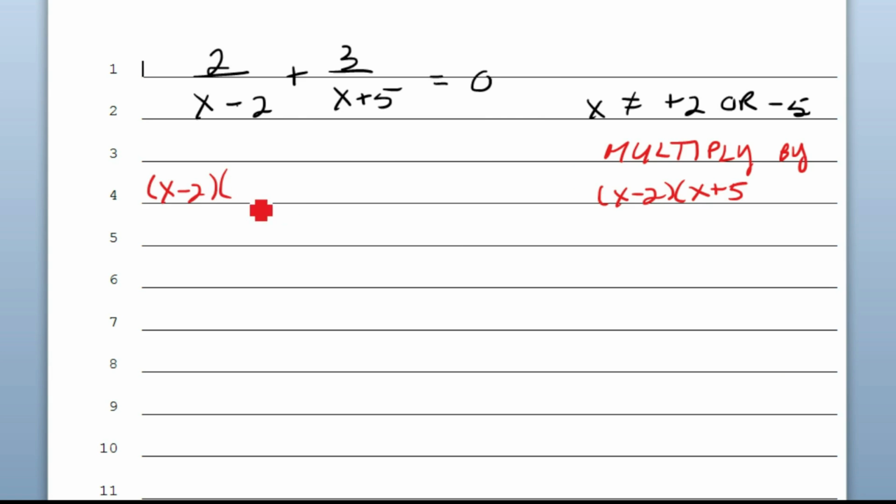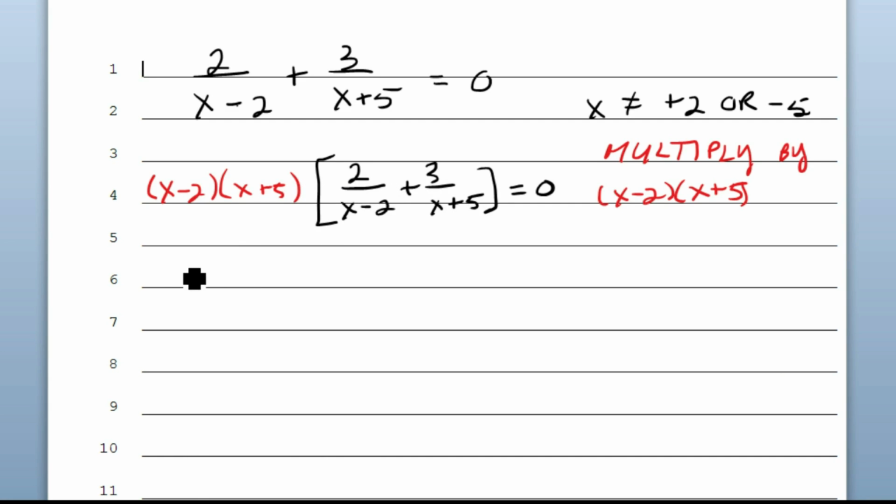x minus 2 times x plus 5, and all the rest of it stays the same: 2 over x minus 2 plus 3 over x plus 5 equals 0. And bring these both terms into this one and then into that one.